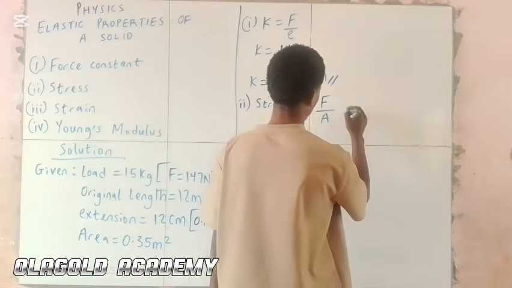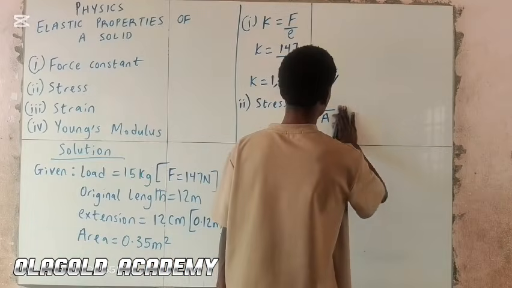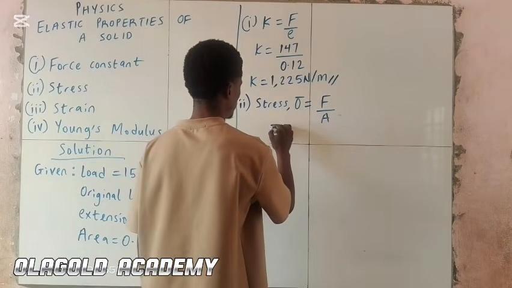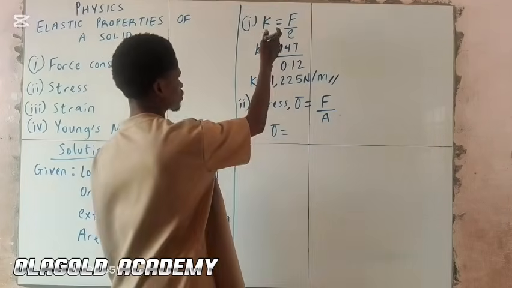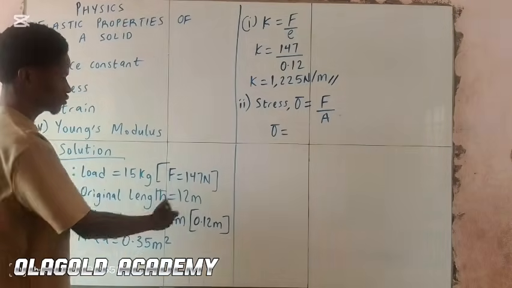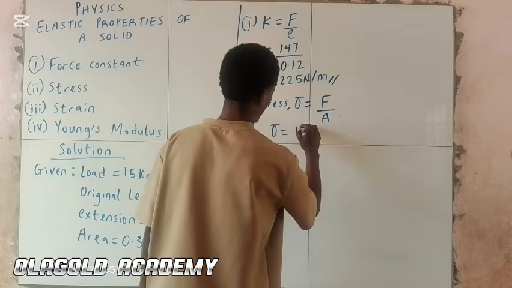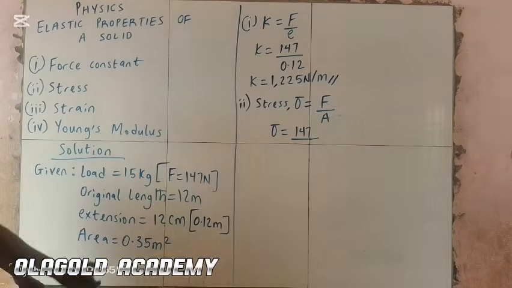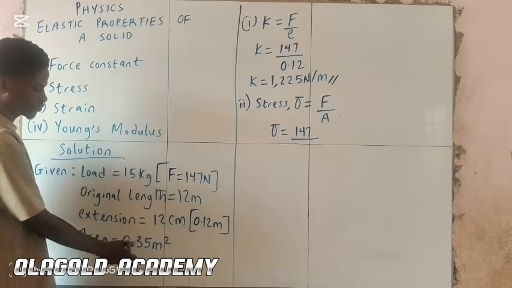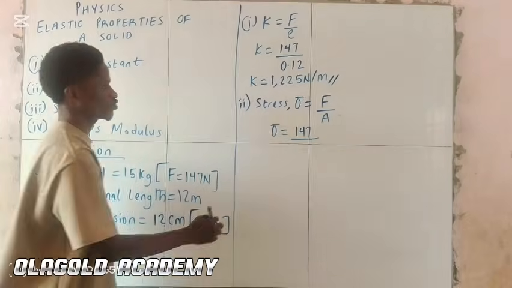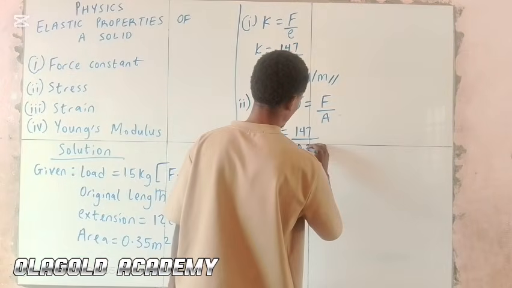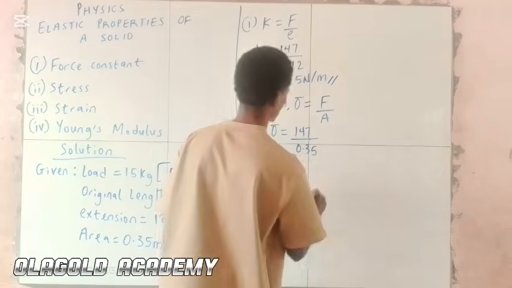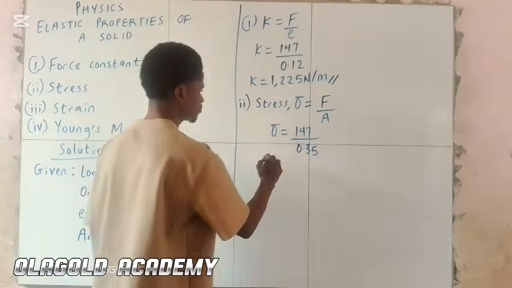So force is given as 147 Newton, over area, which is given as 0.35 meter square.